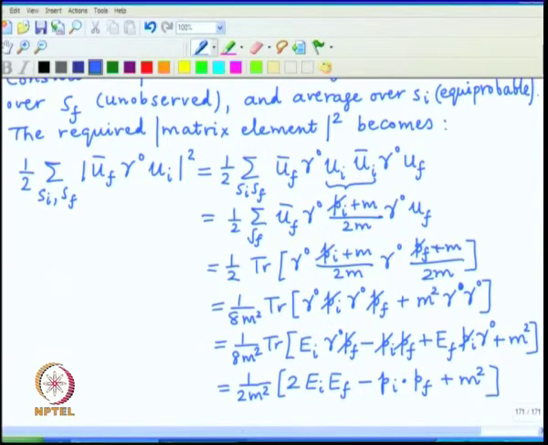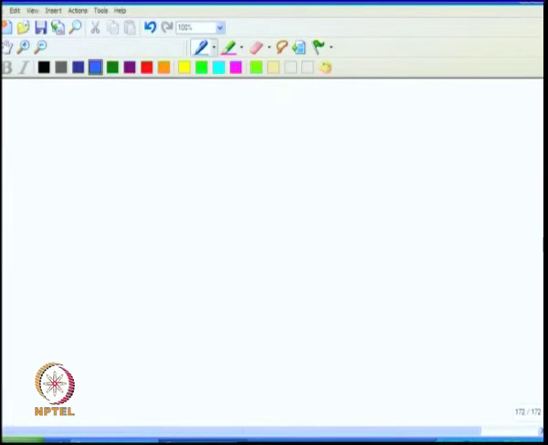It can be put in a still simpler form by expanding out this p_I dot p_f in terms of the various factors of beta and the angle cosine theta. We can do that.